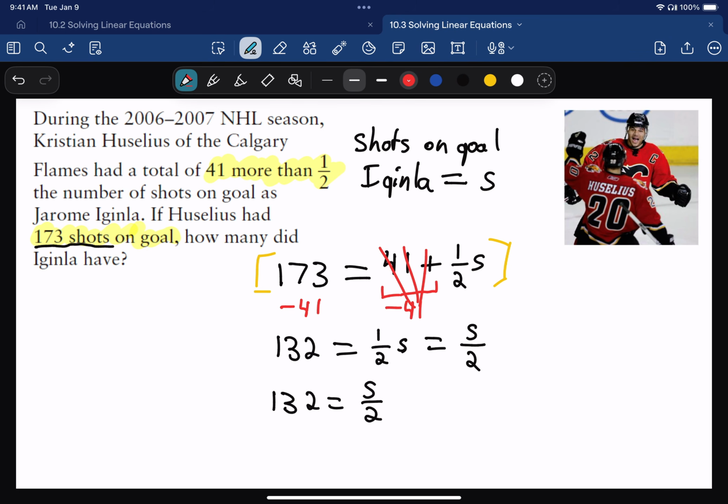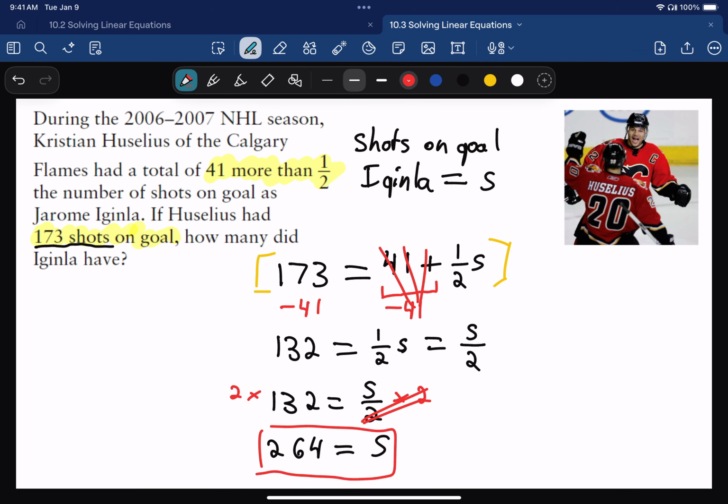And now we need to do opposite operations. So we're going to multiply by 2 on this side, multiply by 2 on this side. And we are going to cancel these out. And we have 132 times 2 to get 264 shots on goal equals S. So we can see our steps here to get our answer.